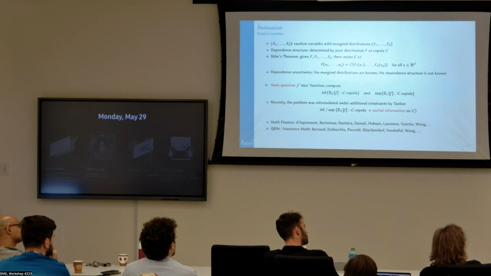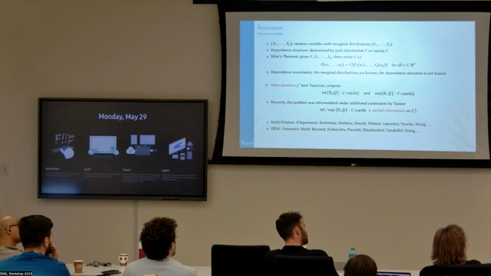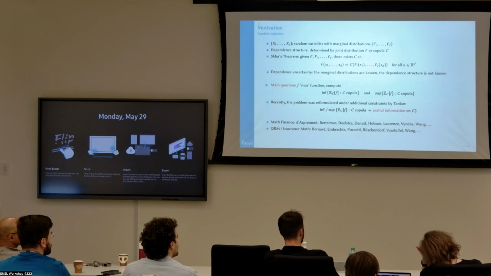This expectation is an integral of f with respect to the joint law. So this you can write in the end as an integral with respect to the copula. This is what we mean with this notation here.